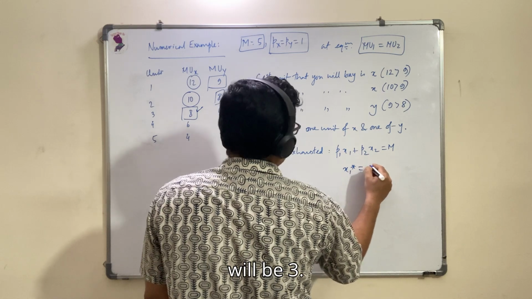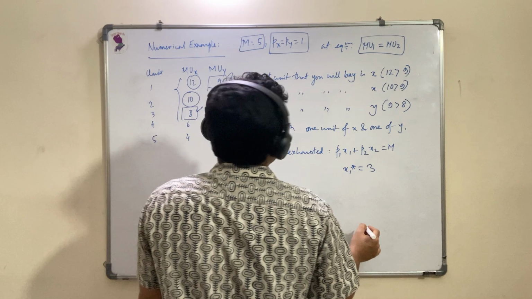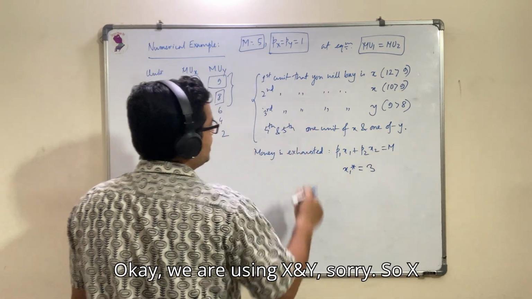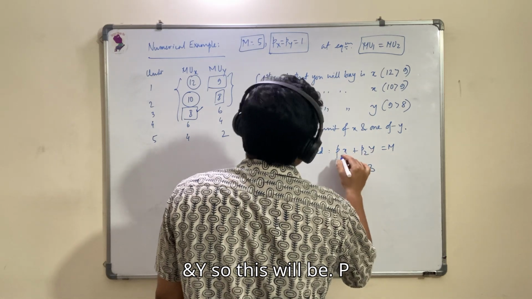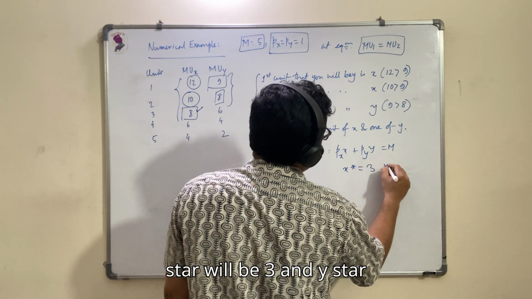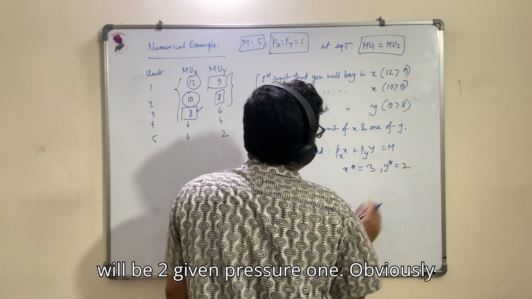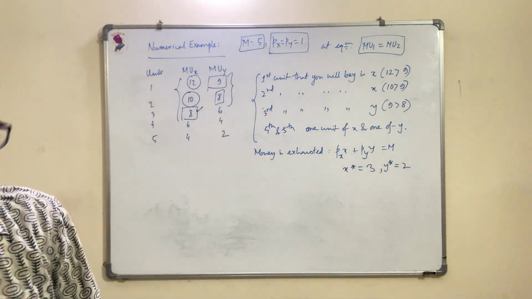and at optimal your x1 star will be 3. Okay, we are using X and Y, sorry, so this will be Px and Py. So X star will be 3 and Y star will be 2, given prices are 1, obviously M is equal to 5.